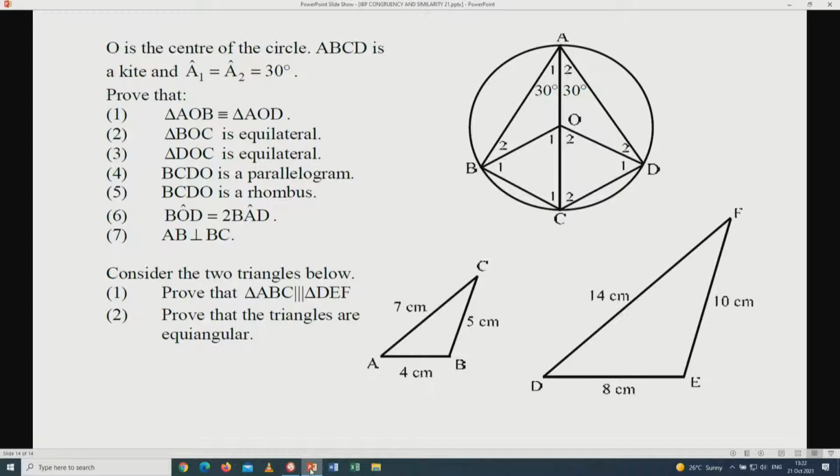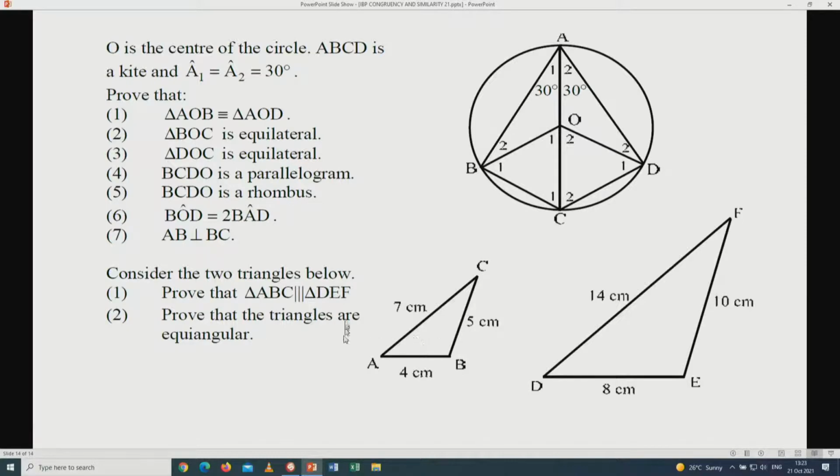Consider 2 triangles below. You are expected to prove that they are similar. Prove that the angles are equiangular.